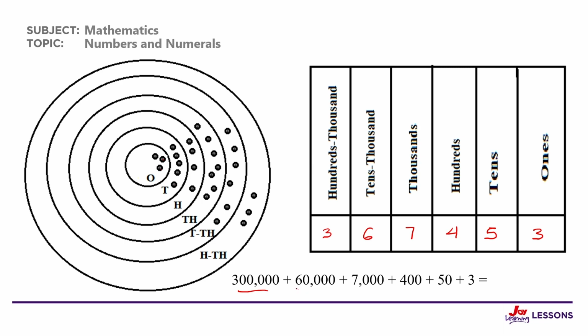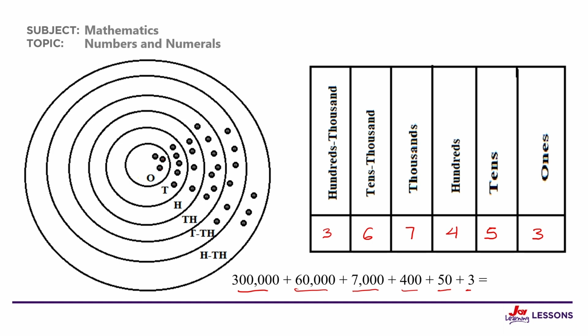So that one will also represent 60,000. Then 7 at 1,000, so we have 7,000. Then also we have 4 under the 100, so we have 400. 5 under tens having 50. And then also 3 under ones having 3.